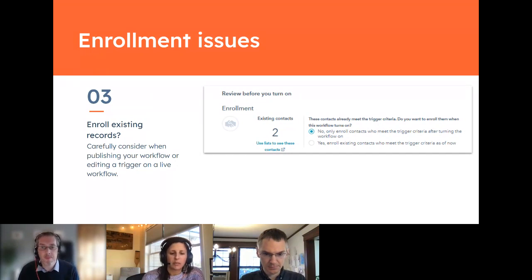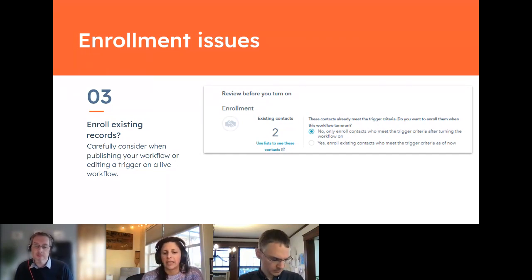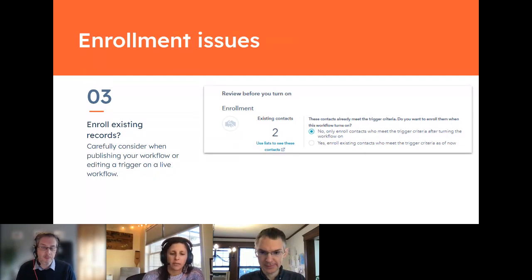An alternate example would be a workflow that's going to clean up data. Say you want to update your country property to use an abbreviation instead of full country names. When you turn that workflow on, there's a good chance you already have records in the CRM that need this update.